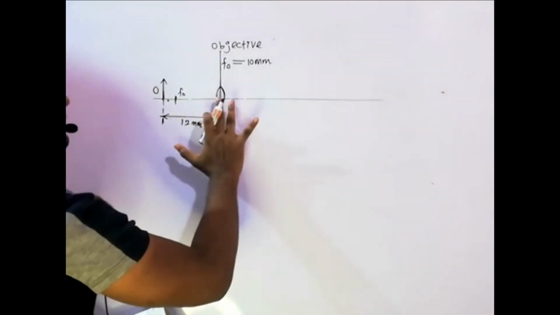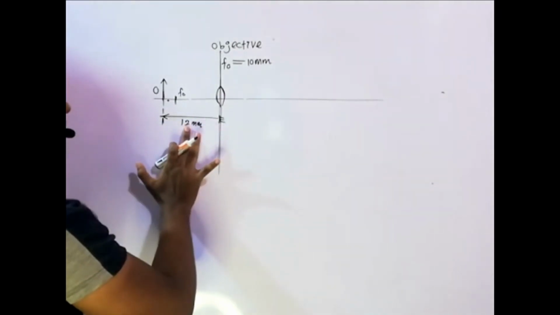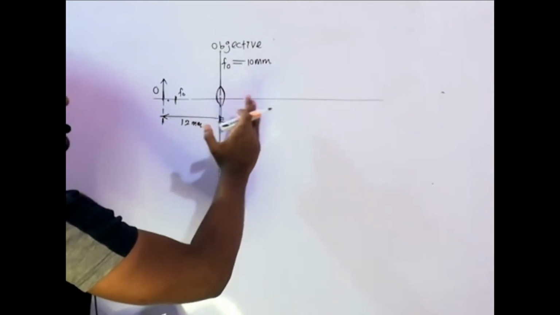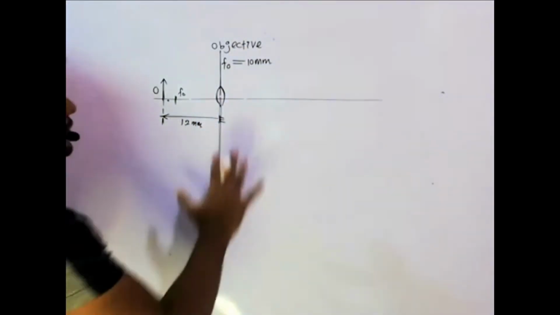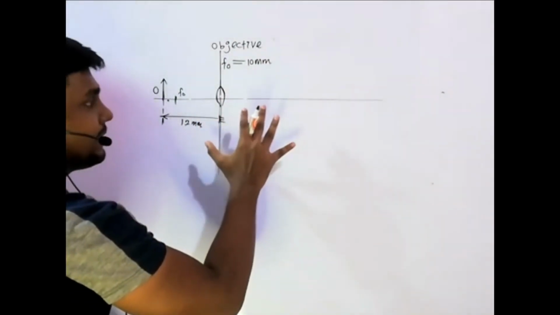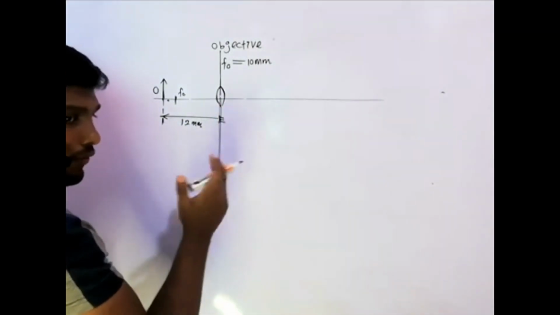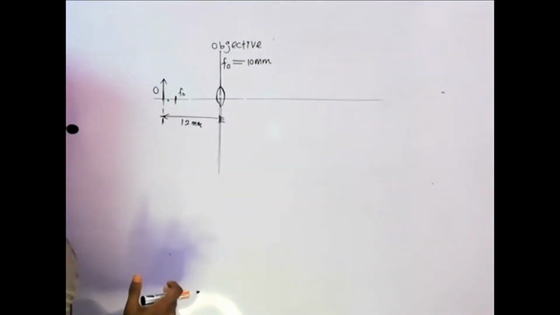Right. Now I know my object distance is 12 and my focal length is 10 millimeter. Now my target is to find the image distance. Actually, in order to draw the ray diagram, you don't need these values. For your understanding, I'm getting the value.